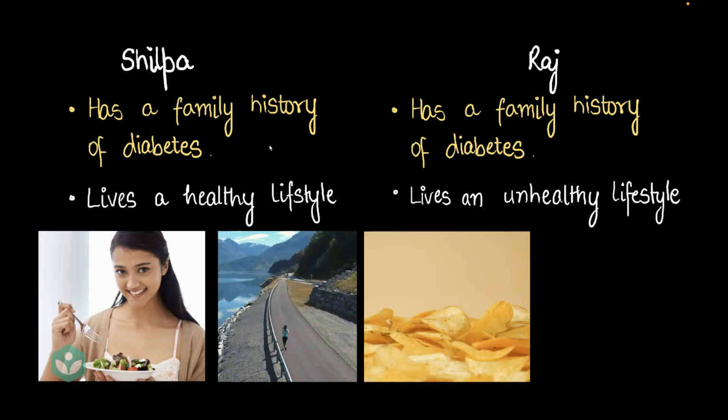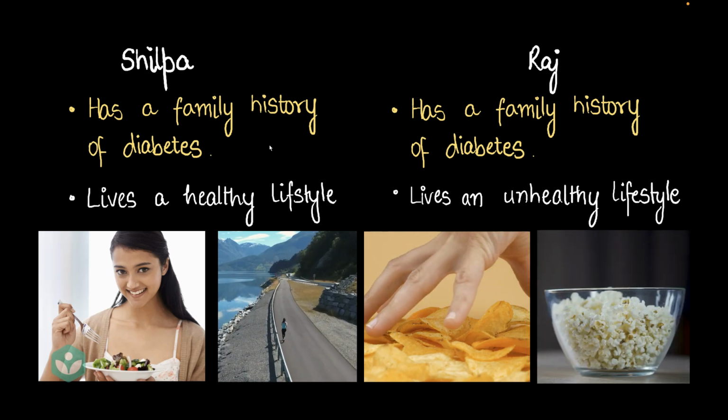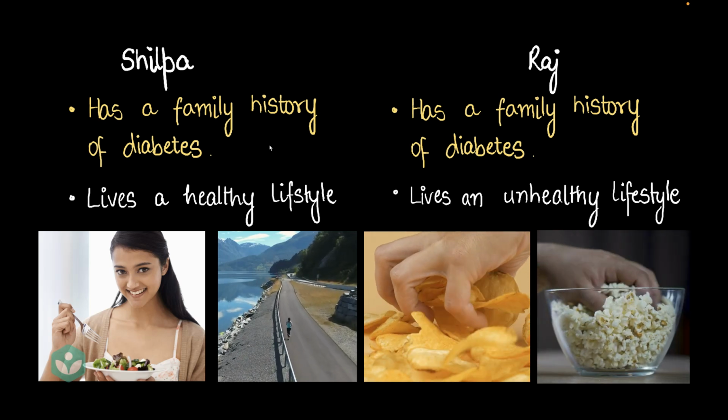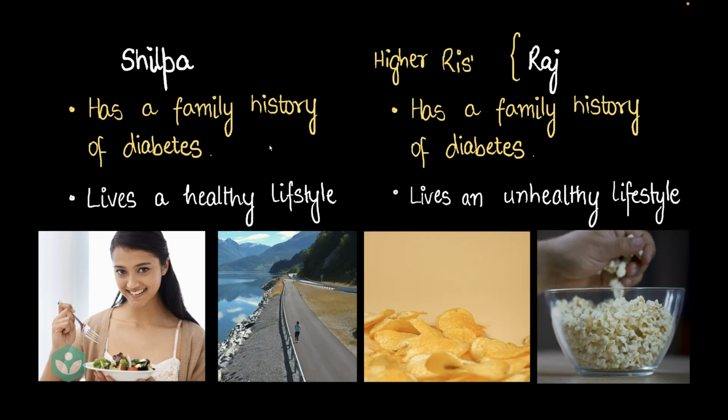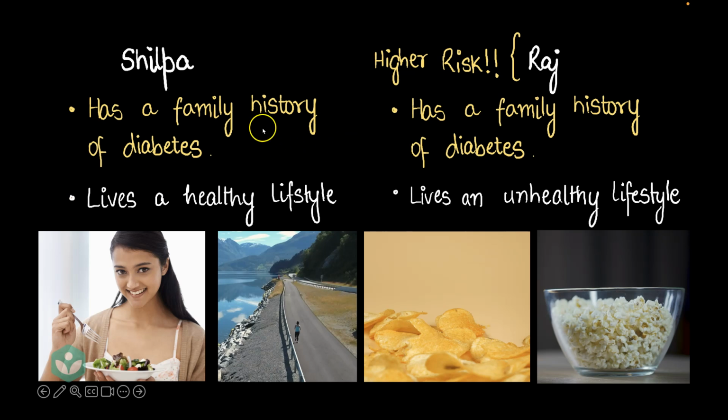He often eats a lot of junk food and does not exercise regularly. Among these two, who do you think has a greater risk of diabetes? Obviously, Raj has a higher risk of diabetes, right? Again, in this scenario, both had the same family history, but what caused Raj to have a higher risk was his unhealthy lifestyle. Great. Let's summarize all of this in a table.